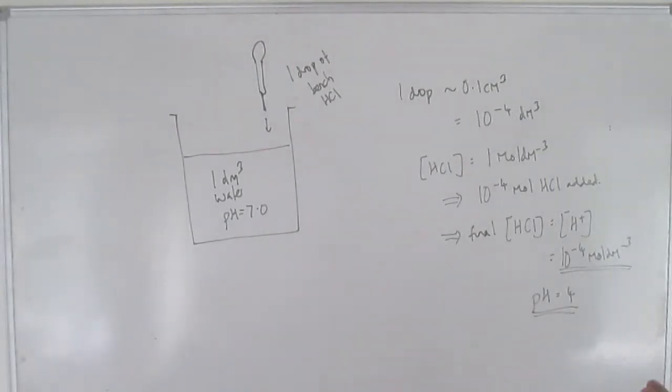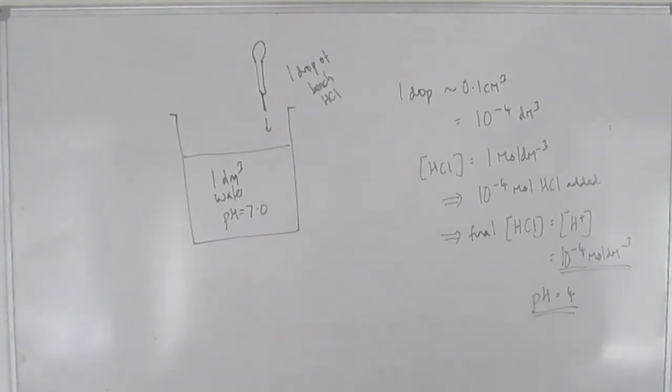And that extreme sensitivity of pH to even quite small amounts of acid being added is a problem potentially, because if you look at, again, biological systems, you find that enzymes, for example, often are very fussy about pH, and they will only work effectively sometimes over quite a narrow range, maybe only 2 pH units in some cases.